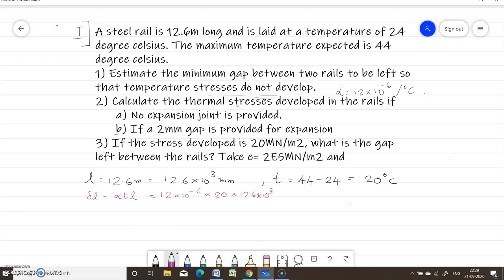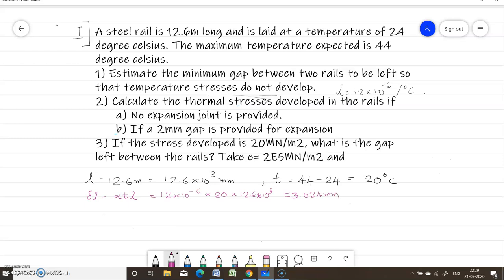Okay, so you will get the change in length, that is change in length is the minimum gap we have to provide to allow full expansion, which is equal to 3.024 millimeter.